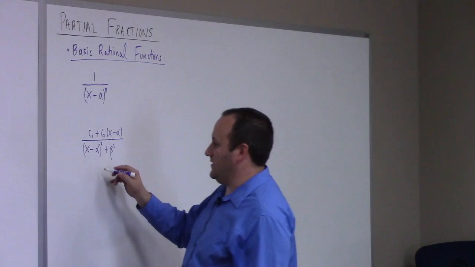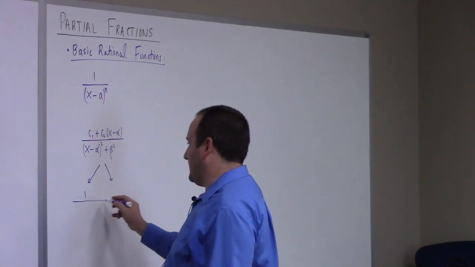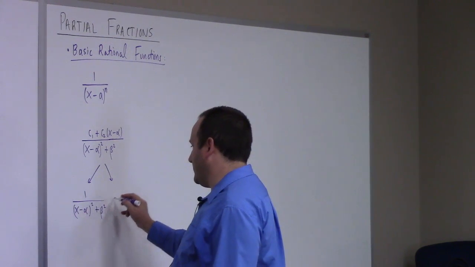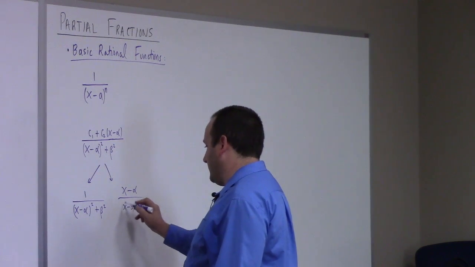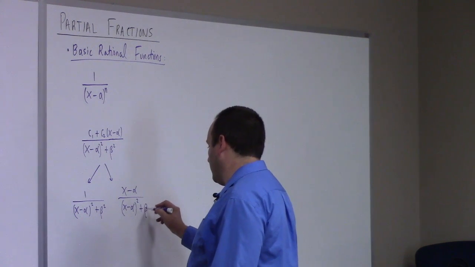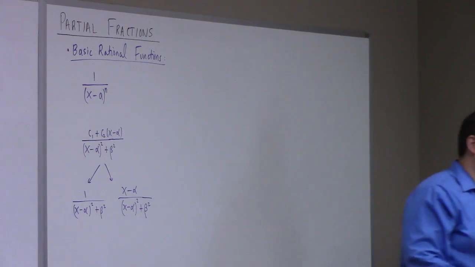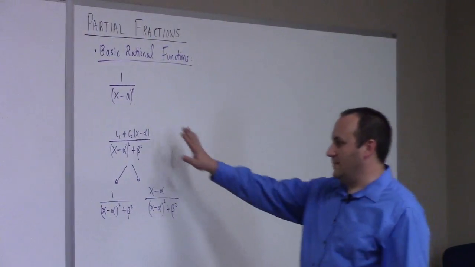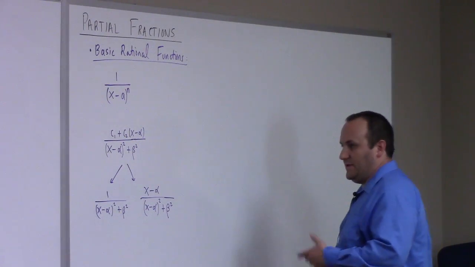There are really just two different things that happen here. The one is something like 1 over (x minus alpha) quantity squared plus beta squared. The other is something like (x minus alpha) over (x minus alpha) quantity squared plus beta squared. C1 and C2 are constants, so maybe I should think of it as this and that. Maybe that's better.